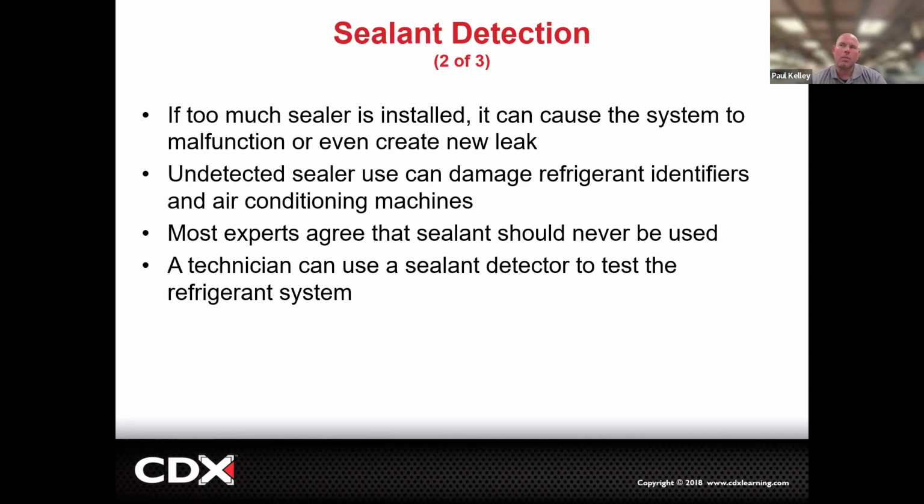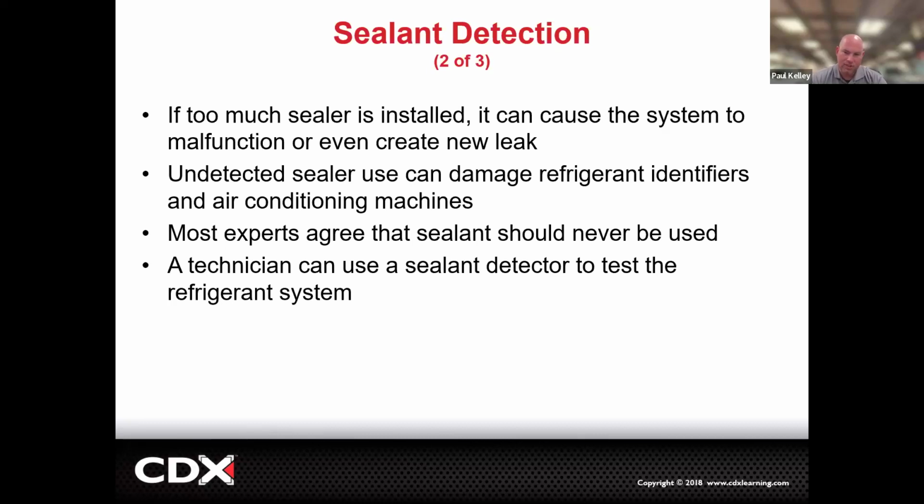If you hook up an identifier that's going to identify the type of refrigerant, which we'll cover in a second, the sealant especially is known to damage the identifier. And the identifier is a tester to tell if that vehicle's refrigerant is contaminated. It's kind of like if you were thinking about hooking up your machine to a car, you'd be like, hey, let me get a test.